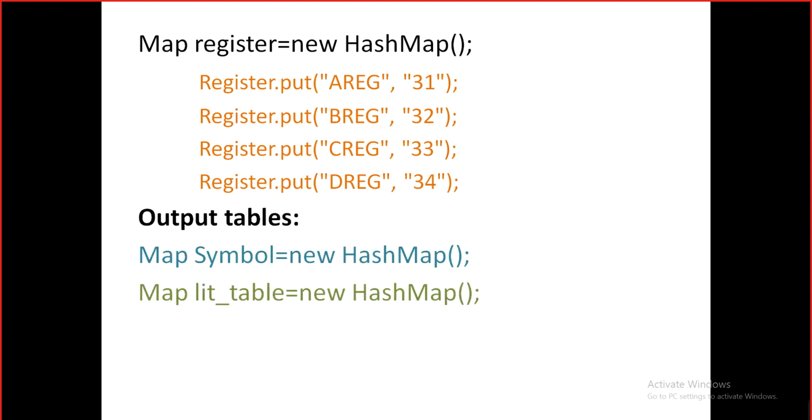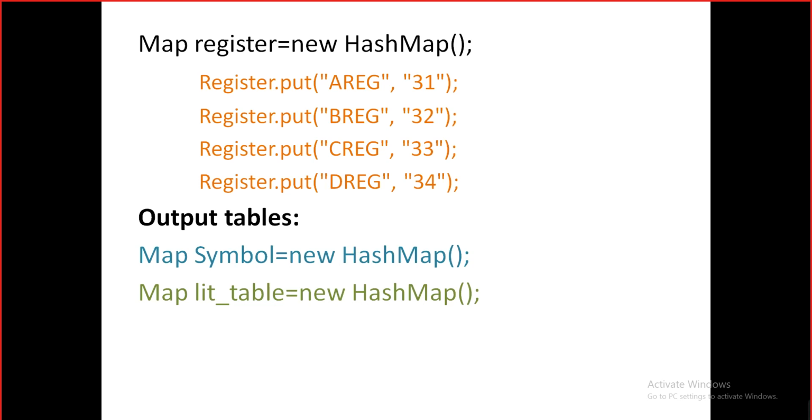Now, what output tables I would generate, I need to store those tables in some data structure. So what I have chosen is I will store the symbols in a hash map. So the symbol table is now prepared as a hash map. And also the literal table, which has only two columns. The symbol table also has two columns, right?